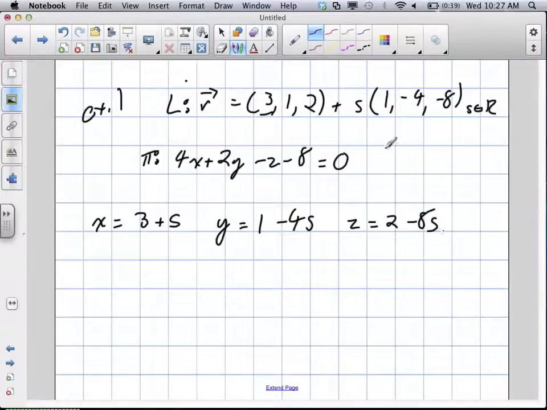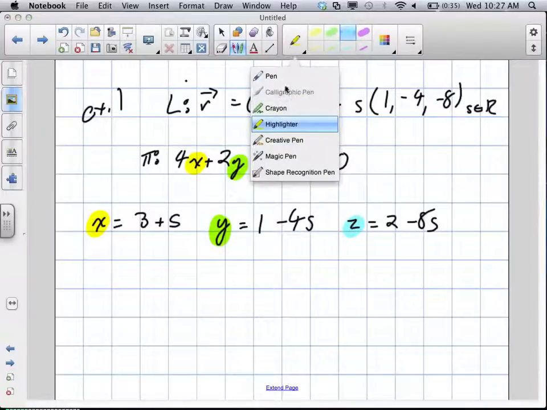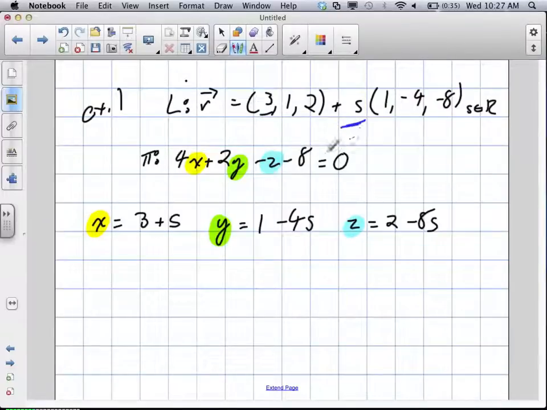The reason we've done this now is because I now have a value for x, which I'm going to plug in, a value for y, which we're going to plug into the plane, and a value for z, which we're going to plug into the plane. Okay? This will help us discover what our parameter is. And by parameter, I mean our s. And once we find that parameter s, we'll be able to plug it in to our equation again to find out the exact point it crosses at.